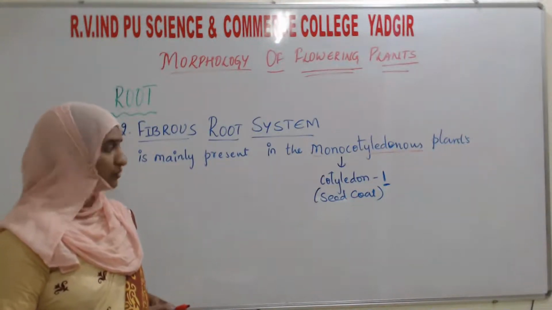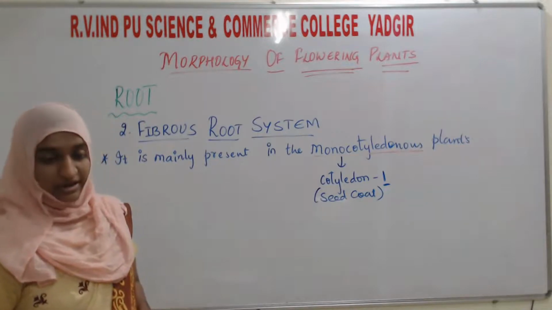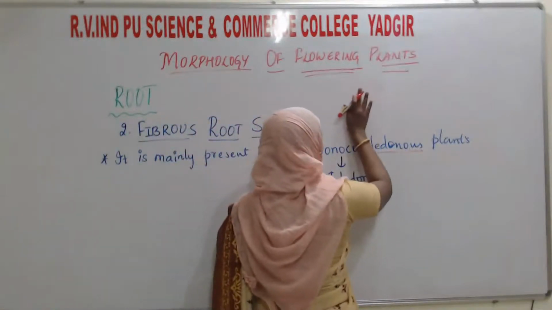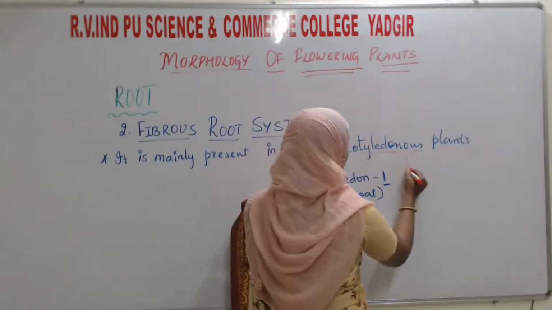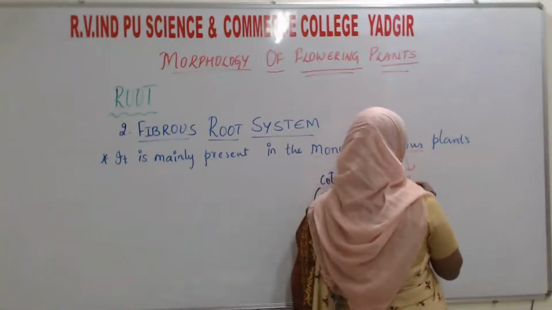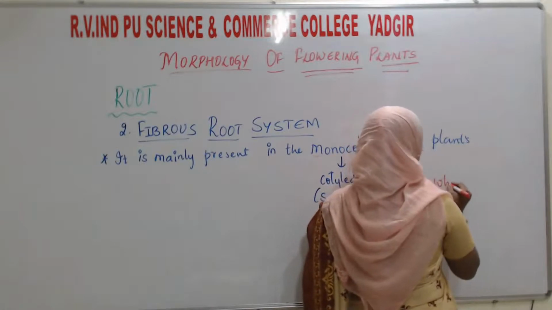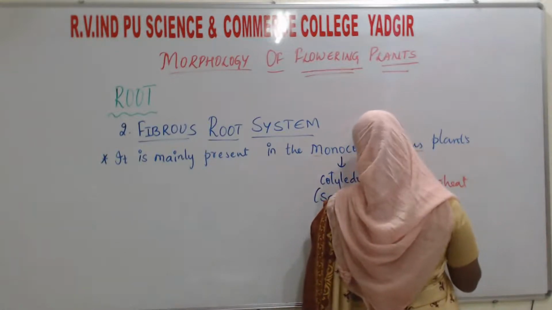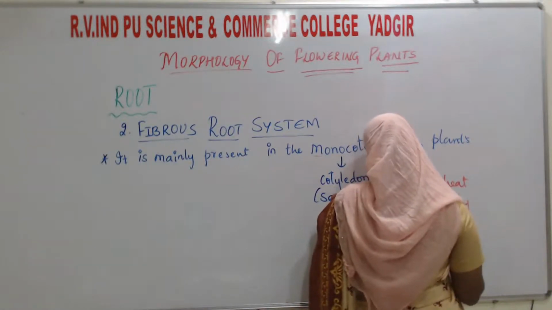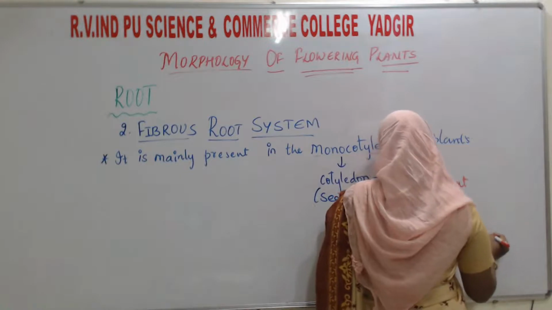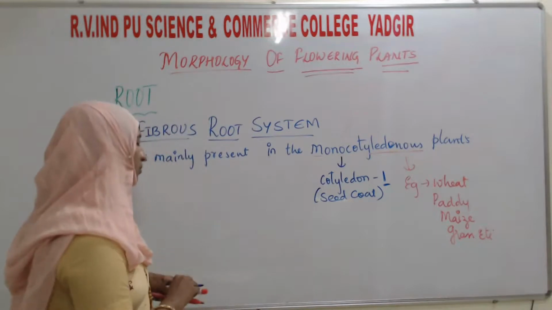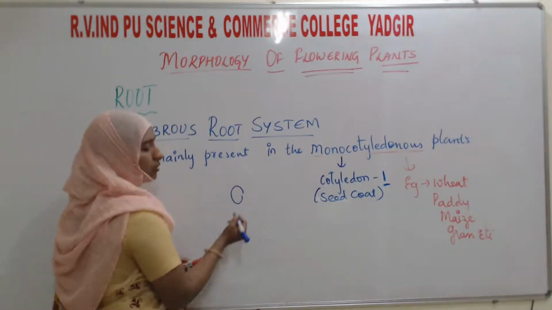What are the examples for monocotyledonous plants? Wheat, paddy, maize, grass, etc. So all these are the monocot plants where you will find a single coat.